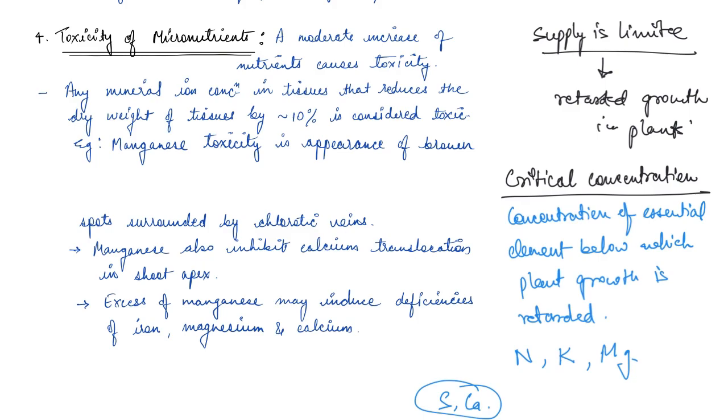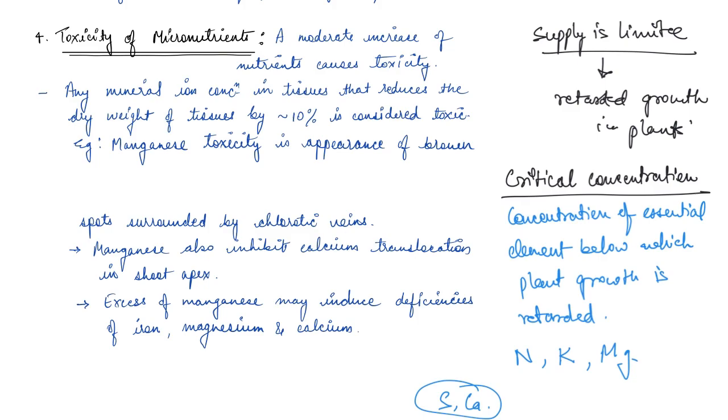It means that the mineral ion concentration has increased by a lot and it is toxic for the plant, right? Now, again, there are toxicity symptoms as well, but the toxicity symptoms are very difficult to identify, and toxic levels of any element will vary for different plants, right?